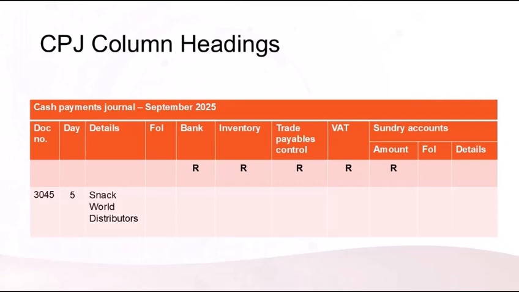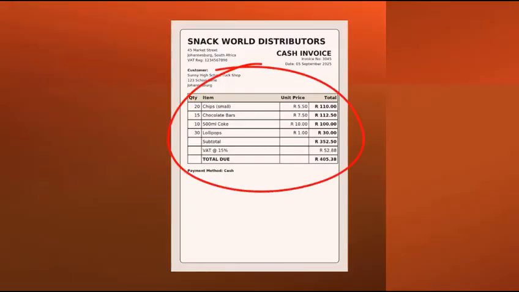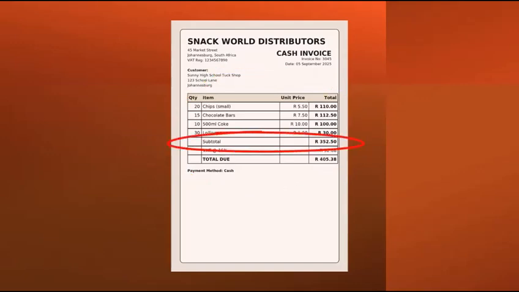So our next column that we need to record is our bank column, which means we need the total amount that we paid to Snack World. So let's quickly go find that. Just like with our receipt, we can see that there's line items of what we purchased. Then there's a subtotal.